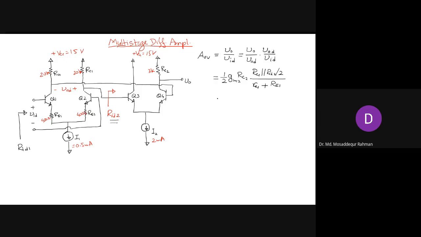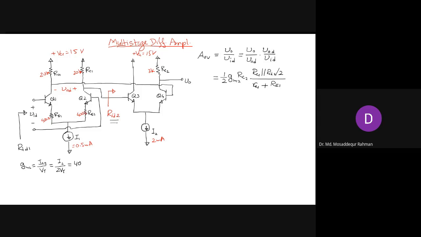In the last class we calculated all the parameters in this expression, starting with gm2. gm2 will be IC2 by VT. Here IC2 is the DC bias current that flows into the second stage, which will be half of this, so we write it as I2 divided by 2VT.